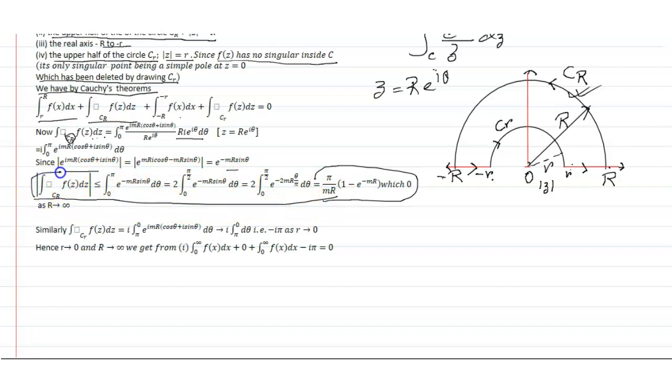The integral over C_R of f(z) dz is bounded by 2 times the integral from 0 to pi by 2 of e to the power minus m R sin theta, because there is no negative portion, so I get pi by mR times 1 by e to the power minus mR, which is 0 as R tends to infinity.